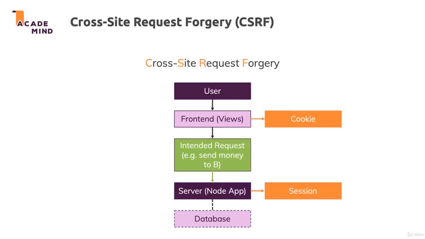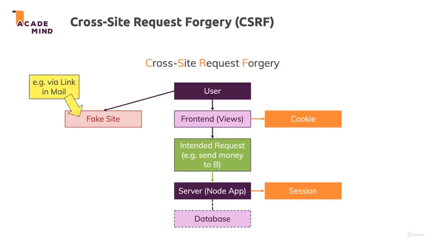The problem is that if you now visit a fake site because someone sends you a link to it, which looks like the trustworthy site but which isn't, then you visit this page and there people send a request to the trustworthy backend. Therefore, the browser attaches cookies that belong to this trustworthy backend, which is your session ID, for example, and everything works.